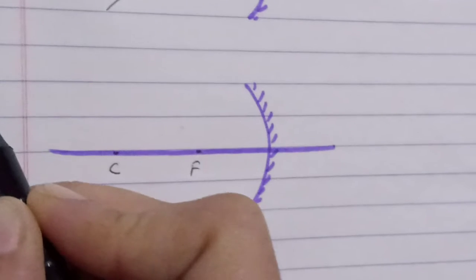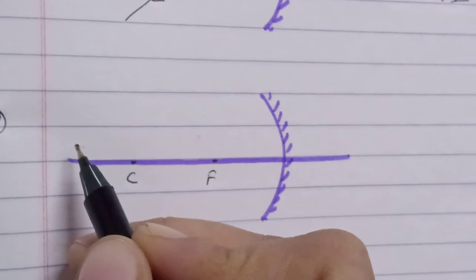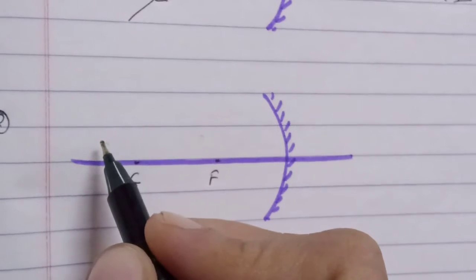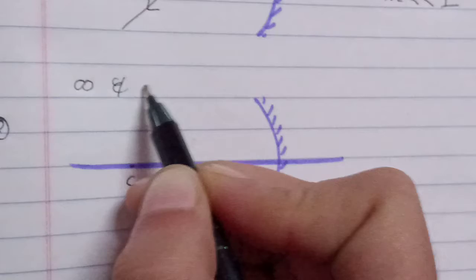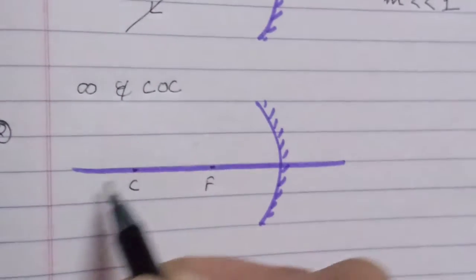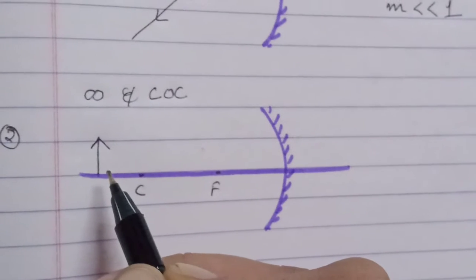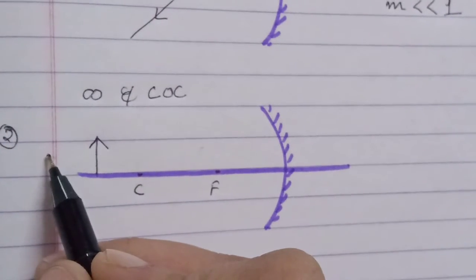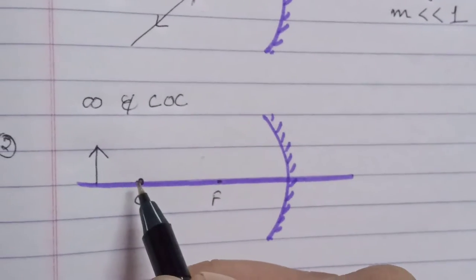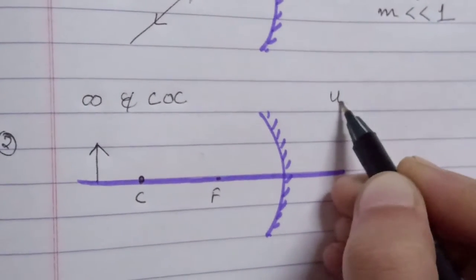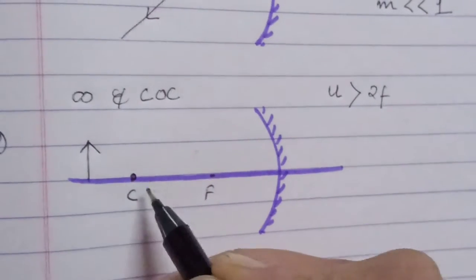So the second condition is the object is placed between infinity and the center of curvature. Okay, between infinity and the center of curvature, that is u is greater than 2f.